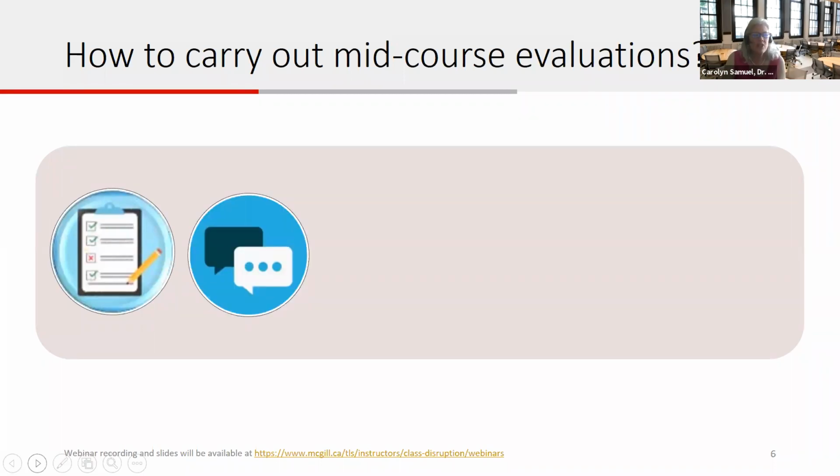The second one could be a discussion in My Courses discussions. And this would be a place where you can put a prompt or a question for students to address either as a whole class or in small groups. And students would be able to see each other's comments. So that's quite different from a survey where students are responding individually.